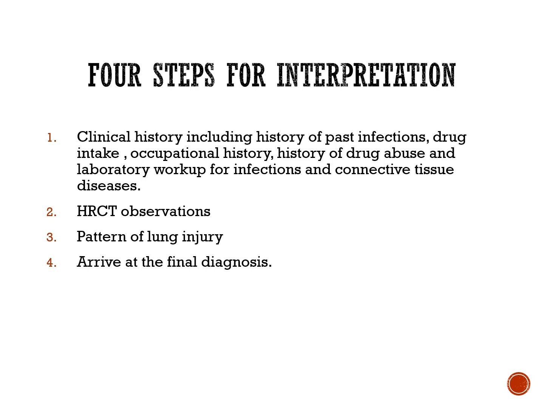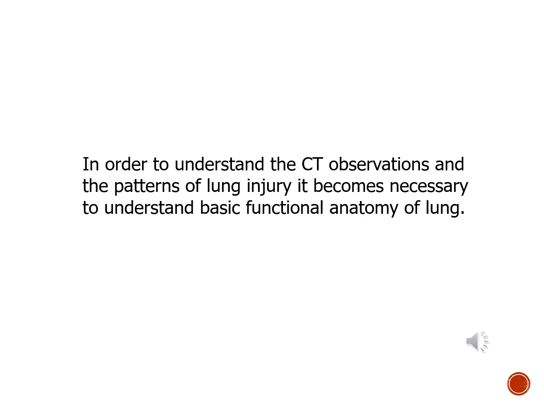When you combine all three, the histological pattern of injury, clinical history including lab work, and HRCT findings, you can knit a story and arrive at a final diagnosis. In order to understand the CT observations and the pattern of injury, it becomes necessary to understand the basic functional anatomy of lung.